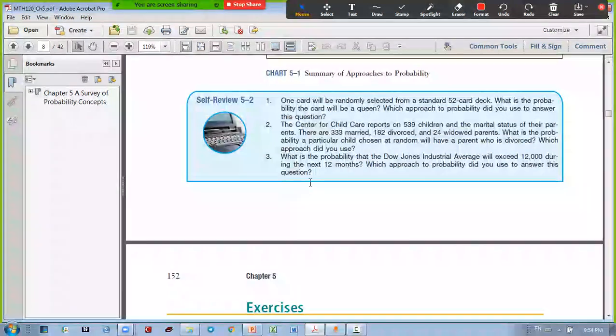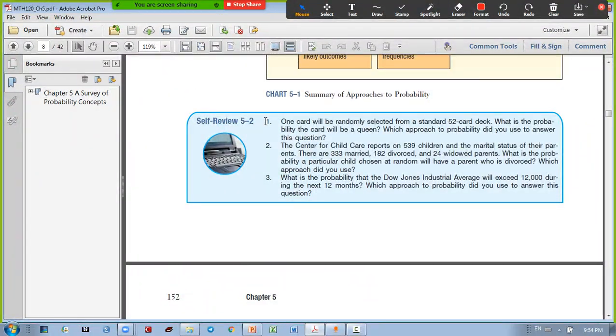This is a review. What you need to do is number 1, number 2, but not number 3, because number 3 is about the Dow Jones Industrial Average. We don't know for sure about this one, that's why I don't do this one.